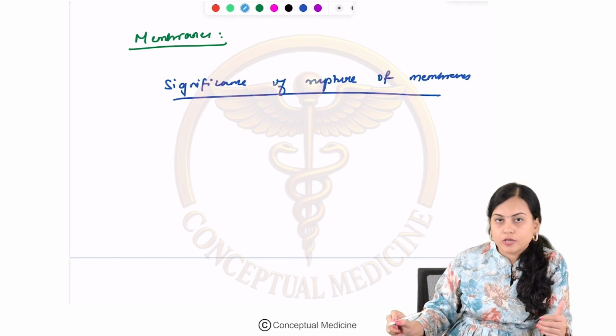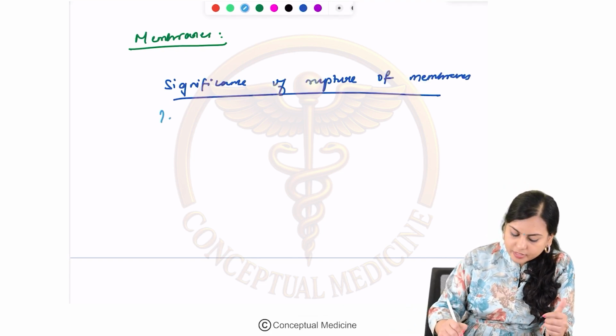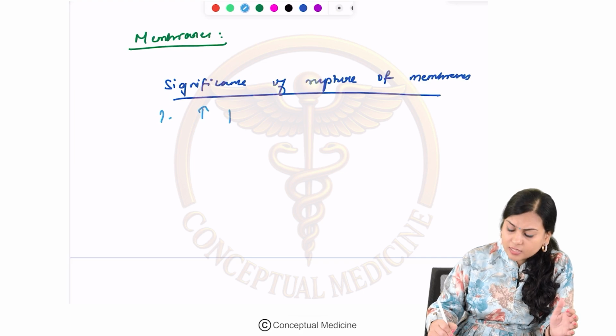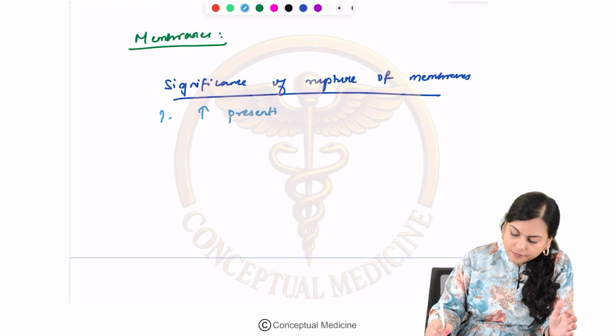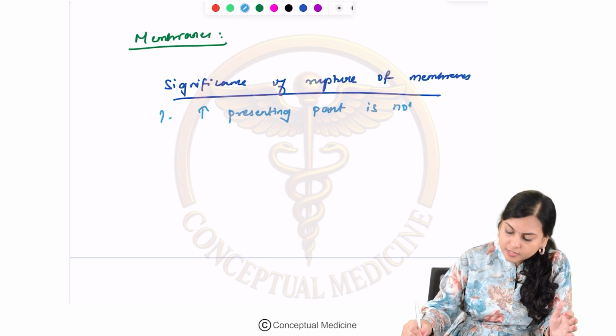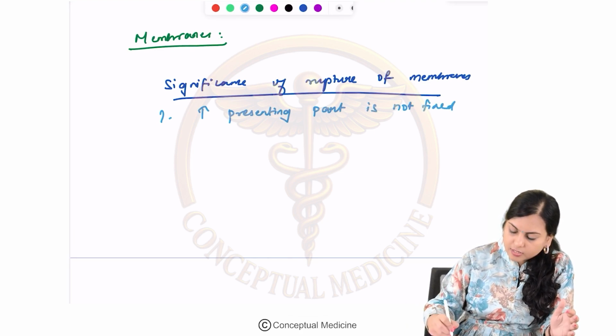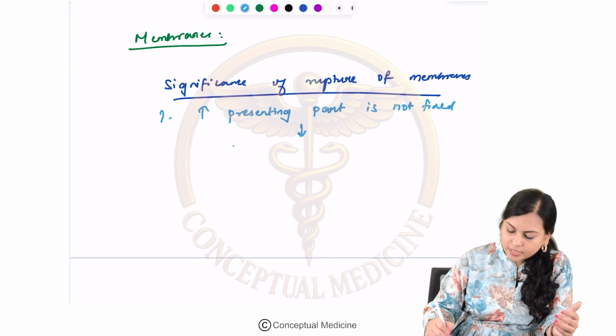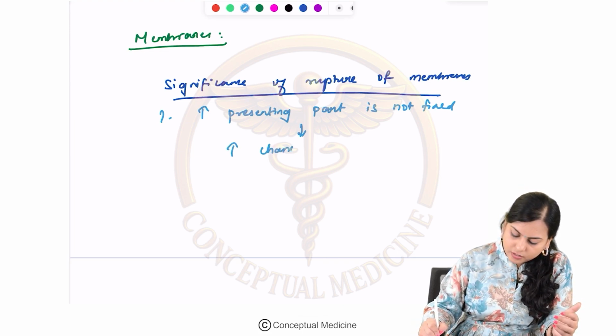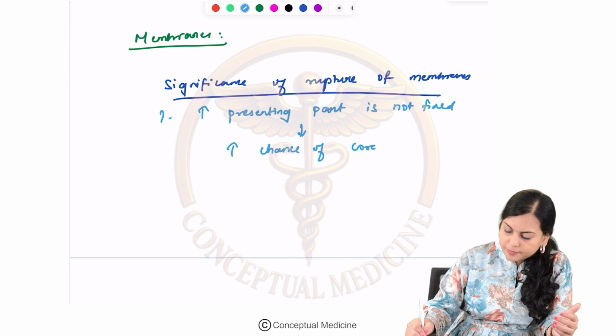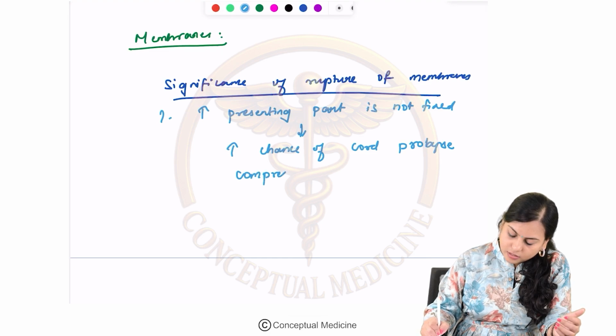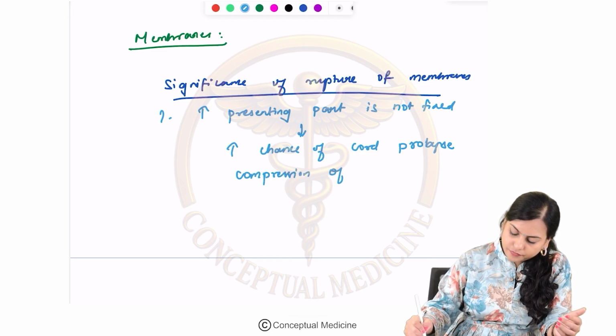When there is premature rupture of membranes, there is an increased chance that the presenting part is not fixed, and this can lead to an increased chance of cord prolapse or compression of the cord.